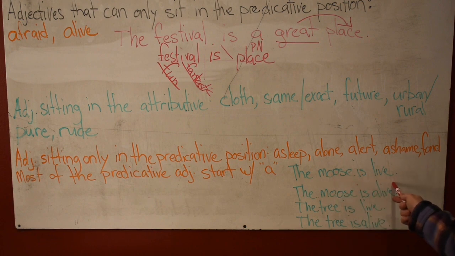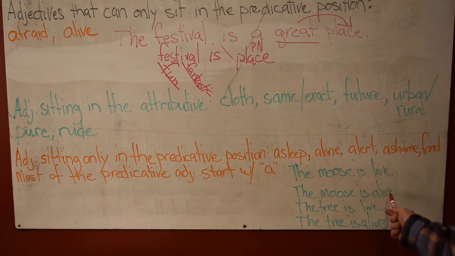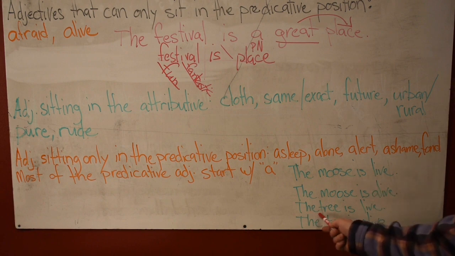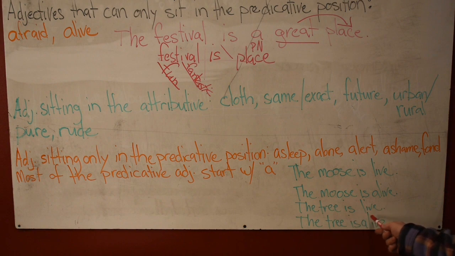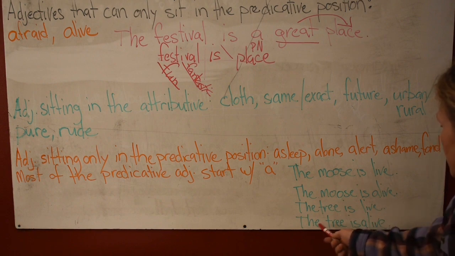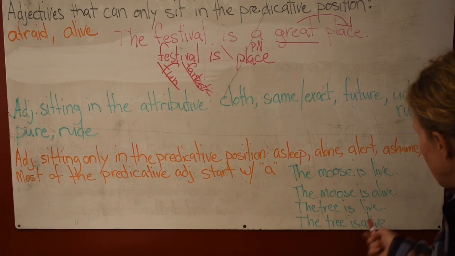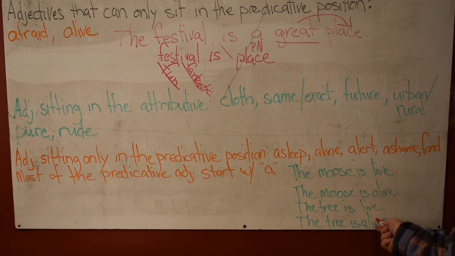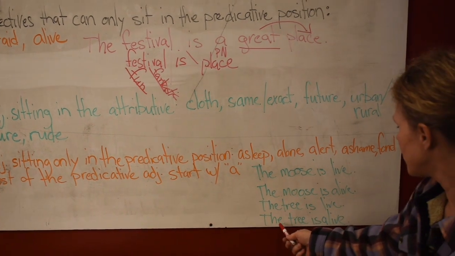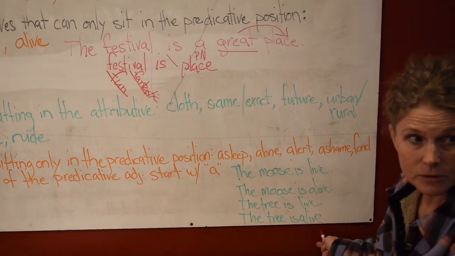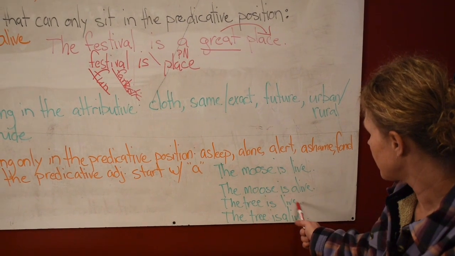Does that make sense? So here's another one. The tree is live. It's not right. You can't even tell if this should be live or alive because it doesn't make sense. So now we have the tree is alive, when you have the A in front of it.